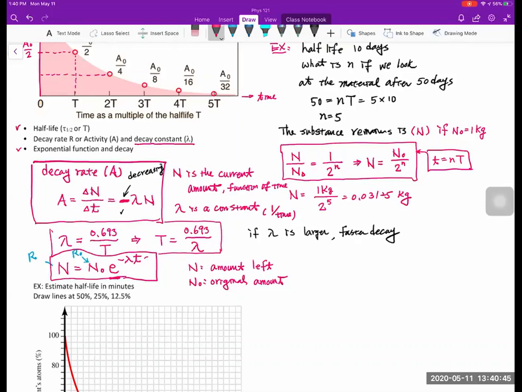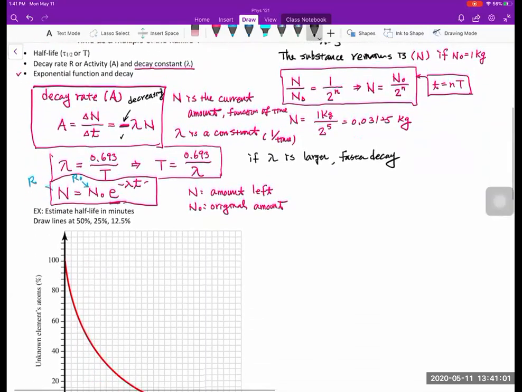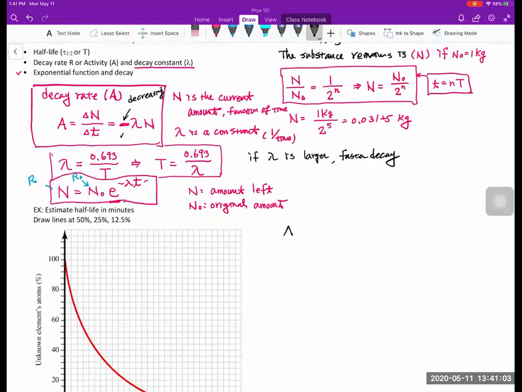Is it a constant? No. A is not a constant. Do you think A will be larger and larger or smaller and smaller? Smaller. A is going to be smaller.